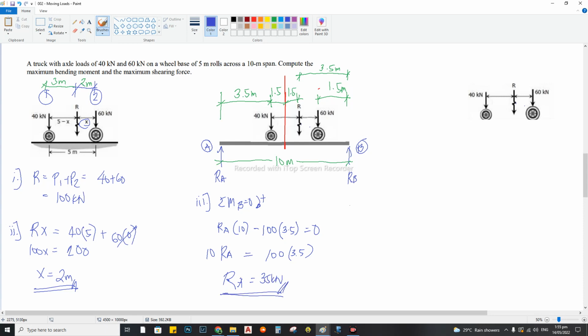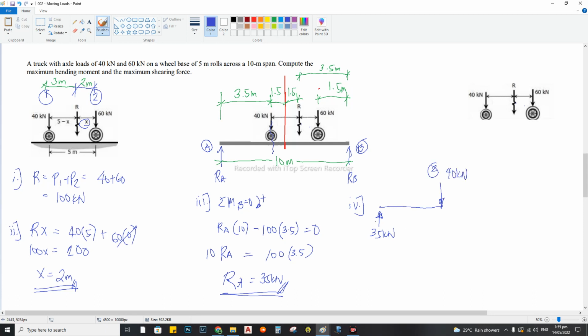So next, kung unsa atong buhaton is i-cut na ta ning beam at point sa first axle. So murag ato i-cut ang beam. We have reaction at A nga 35 kilonewton. And then diri dayon si axle 2 which is 40 kilonewton.